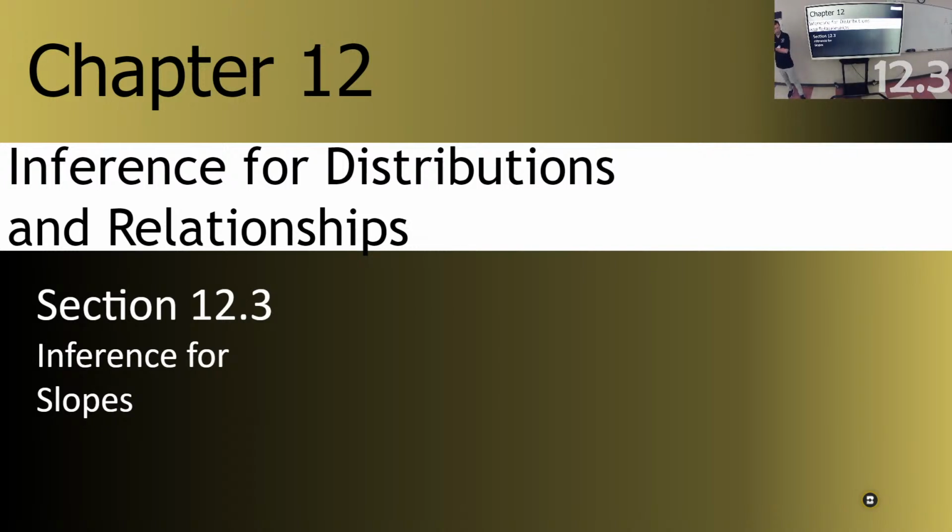That chapter is pretty full. And so a lot of this is going to go back to that chapter. Truth be told, I use this as a review of chapter 4 more than I use it as 12.3. Okay? So, inference, which is making predictions from the population or to the population of slopes.